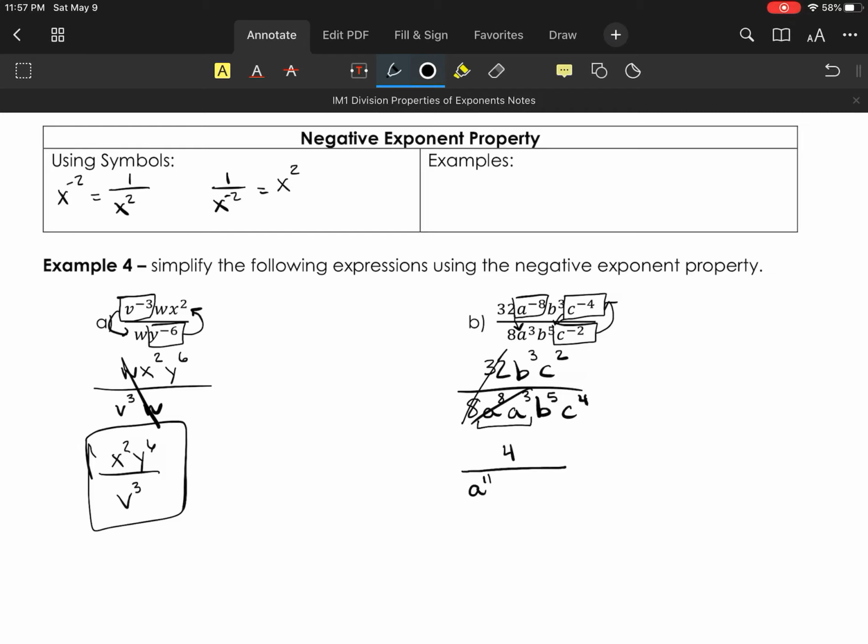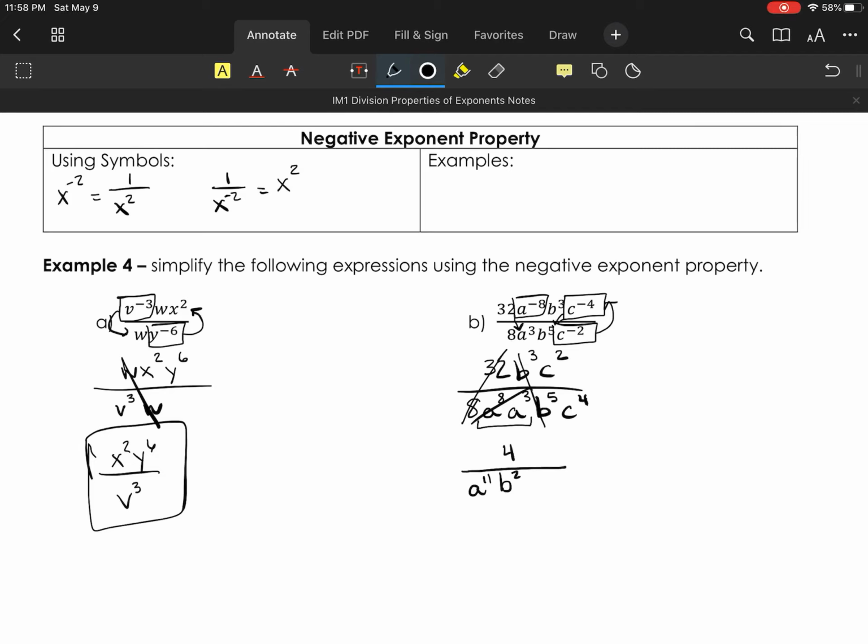Then I have b to the 3rd over b to the 5th. If you do b to the 3 minus 5, you end up with b to the negative 2, and you are back to square 1. You end up with a negative exponent. So a little trick: if the exponent in the bottom is bigger, just subtract the bottom minus the top, and then your answer ends up in the bottom. So b to the 5th, I'm going to subtract 5 minus 3, which gives me b squared.